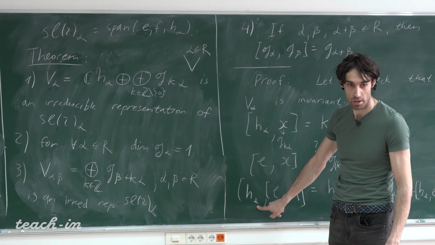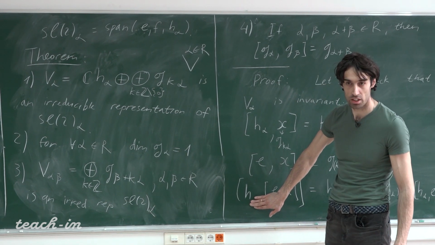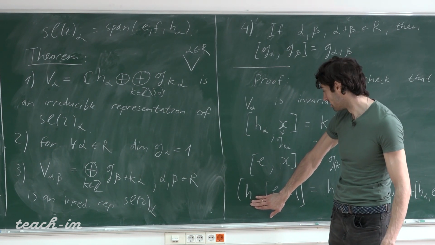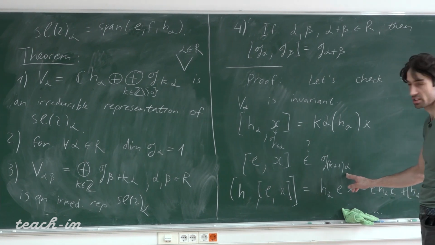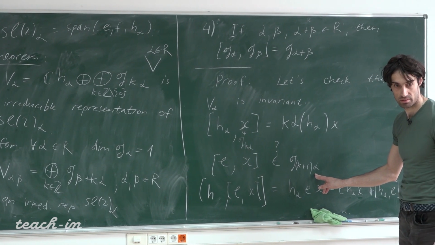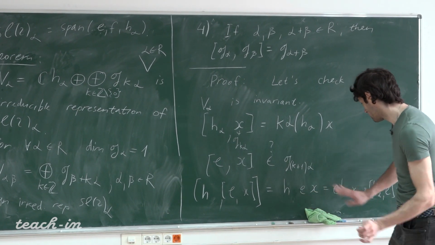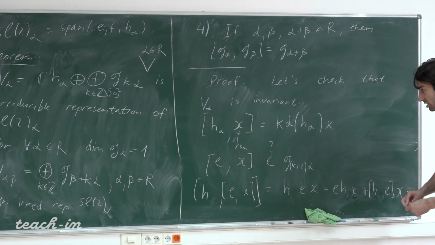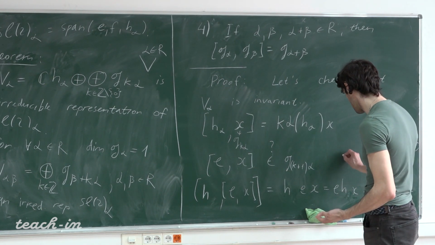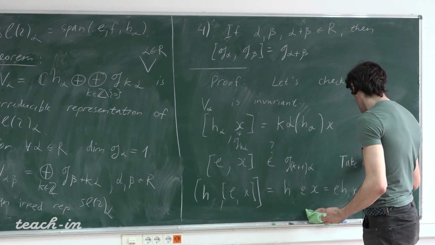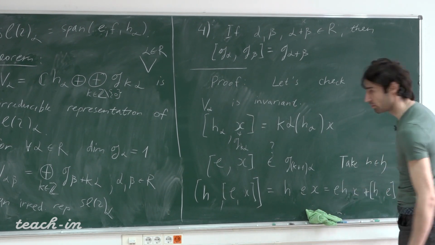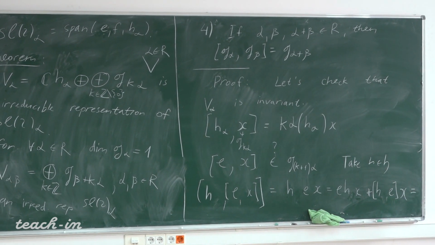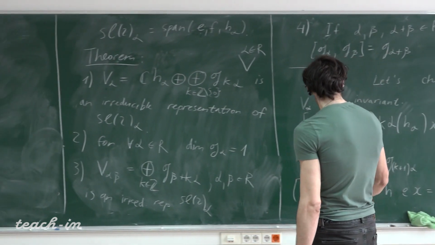I would like to take any element from H to check this. So let me not take alpha in here; I just take H from the Lie algebra H. Then what happens?